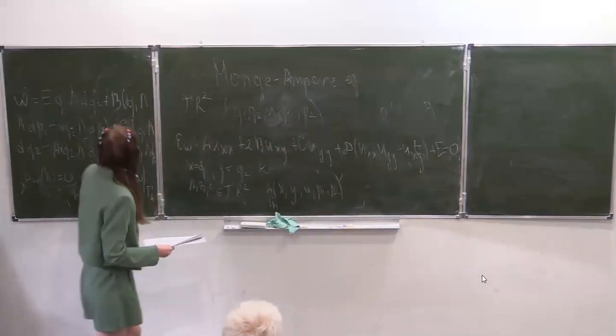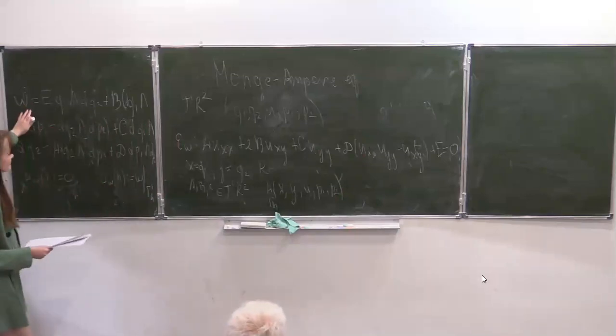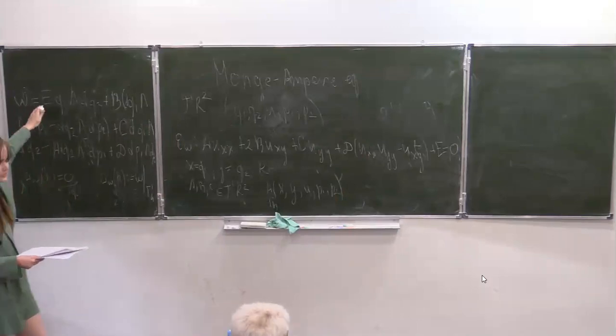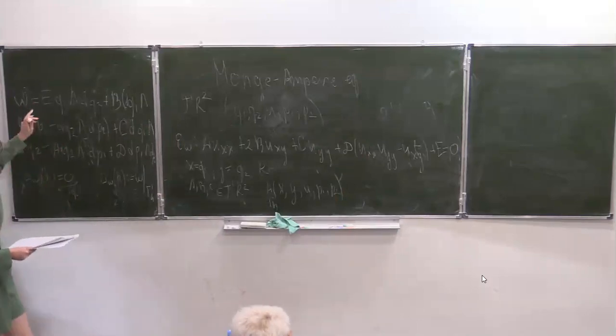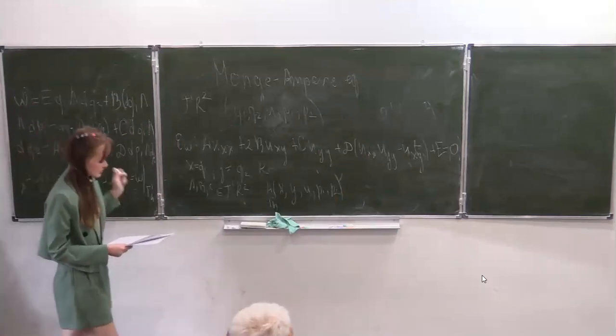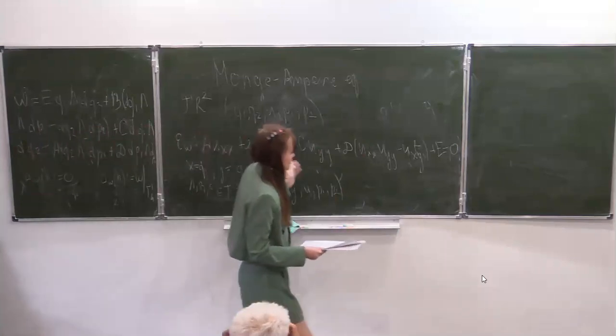So when I introduced the differential two-form omega, I spoke about effective differential two-forms. What does it mean?